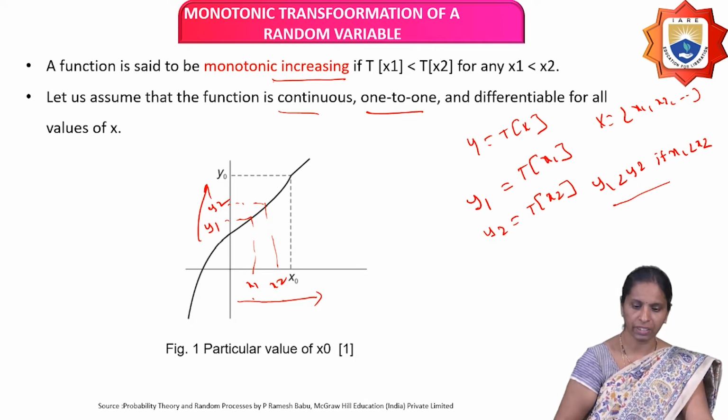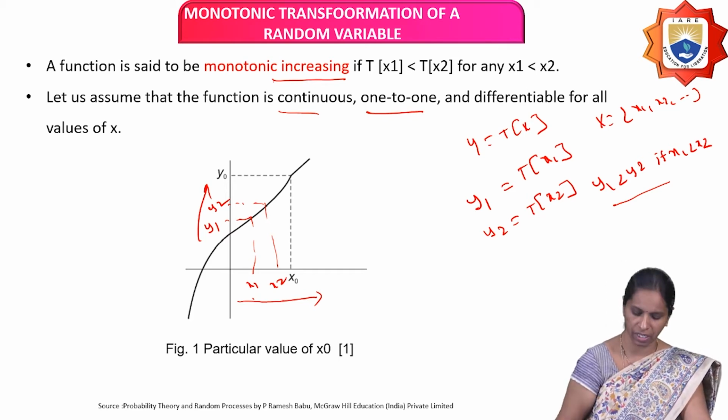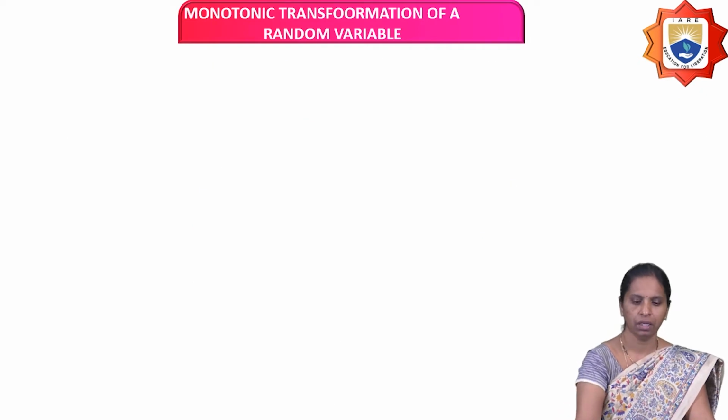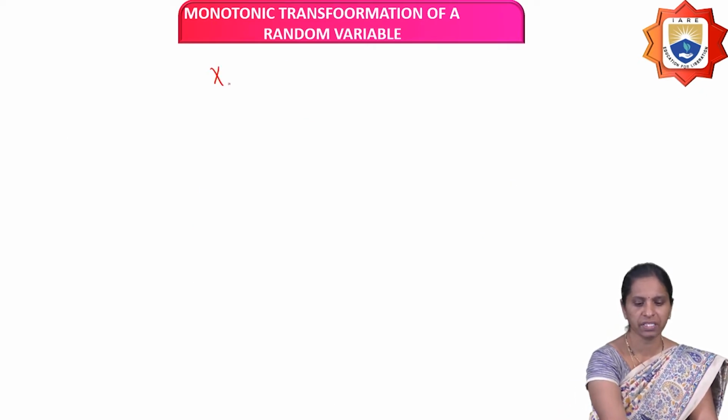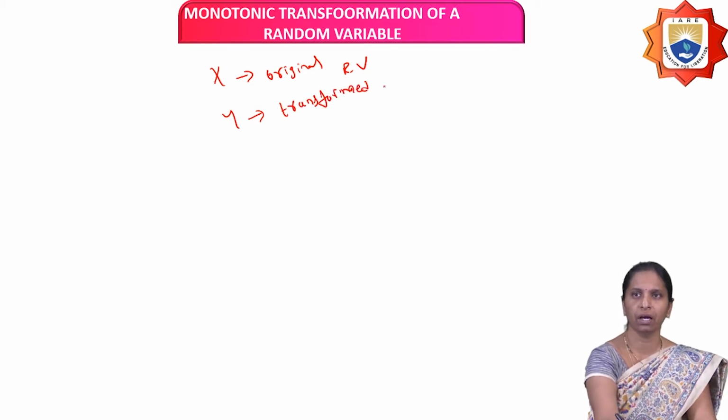Okay. Now, let us derive the distribution and density function of the transformed random variable if you know the distribution and density function of the original random variable x. Now, what is my x here? This is my original random variable. And what is my y here? Nothing but the transformed random variable obtained by performing the operation.